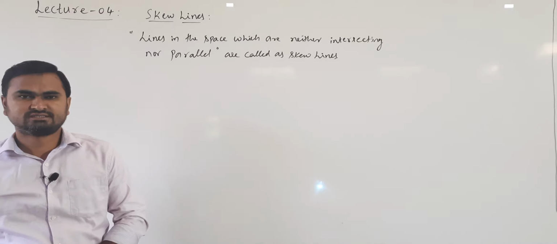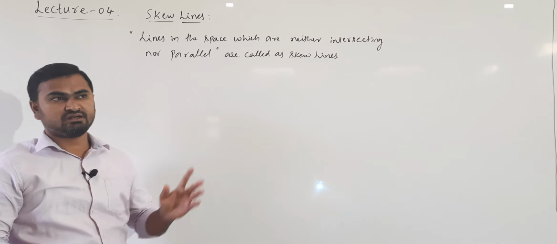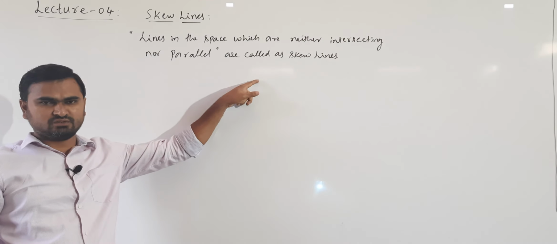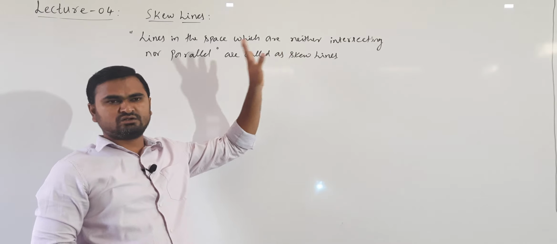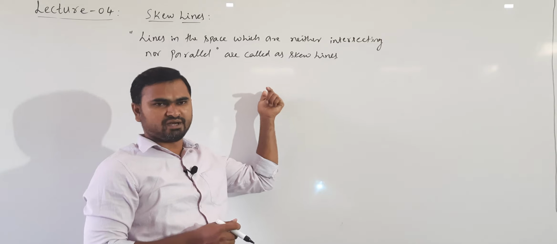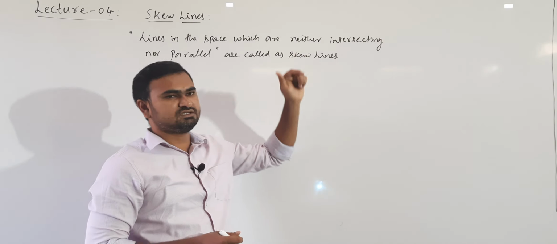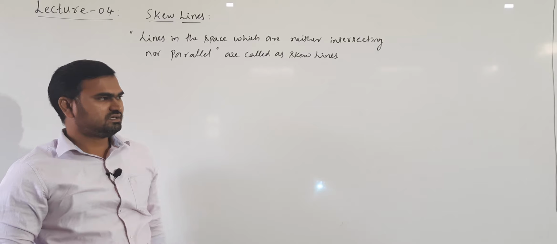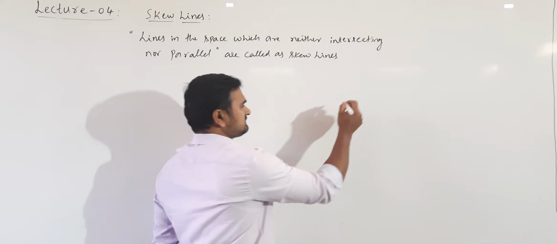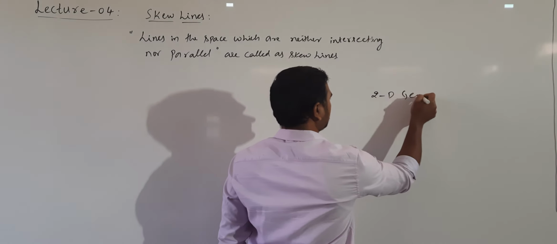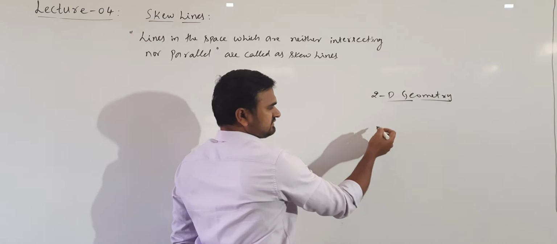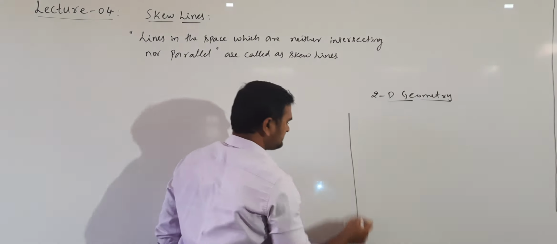This type of lines will exist in space where the lines are neither intersecting nor parallel. Lines are neither intersecting nor parallel means they are not intersecting at any point and also they are not parallel. So such lines are called skew lines. Now see, first I will explain in 2D, then we extend to 3D. In 2D geometry we studied about straight lines, that is in the xy plane.